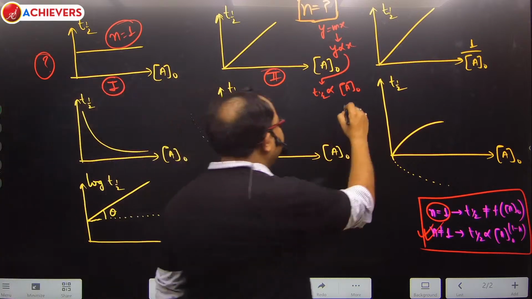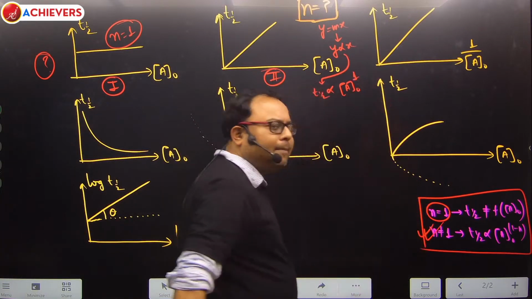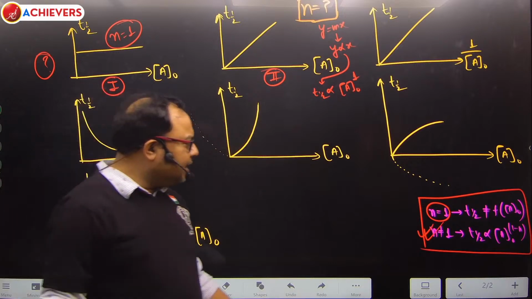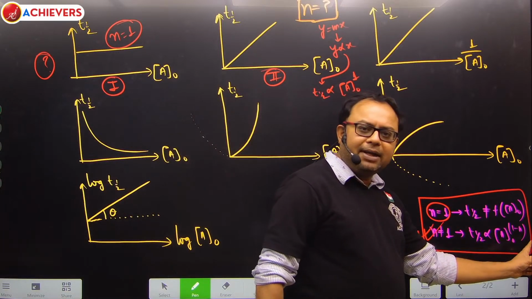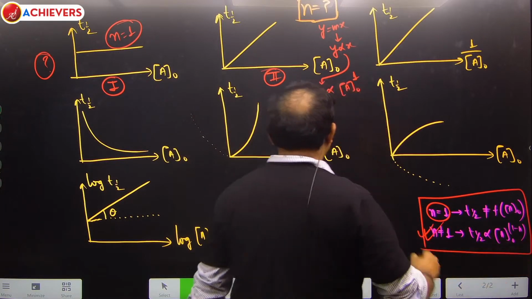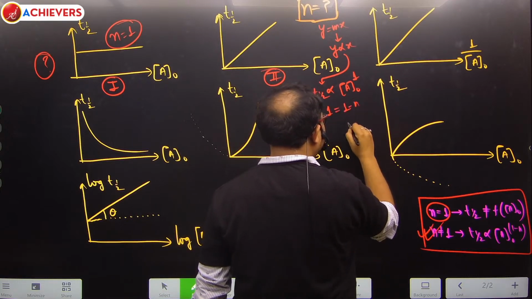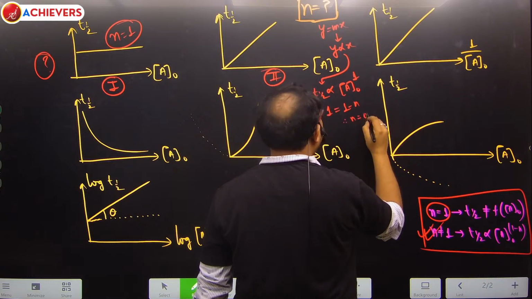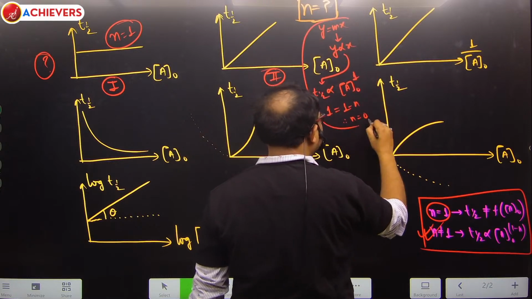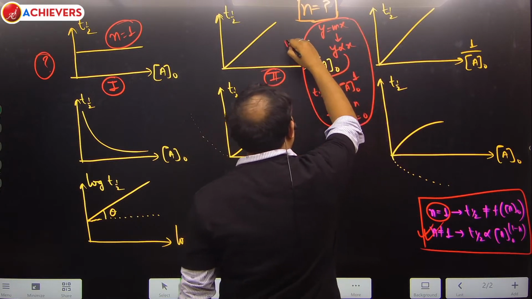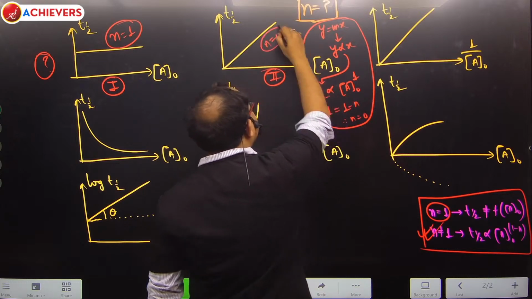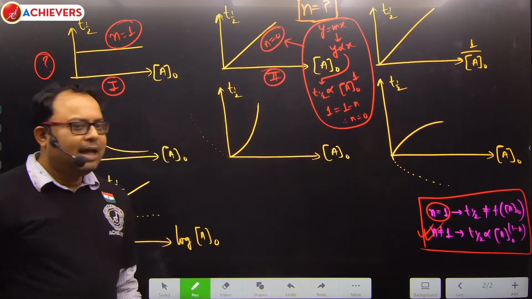The power of A naught is 1. And in the general case the power of A naught is 1 minus n. So obviously we can say that 1 is equal to 1 minus n. That makes n equal to 0. So this is the interpretation. So we get n equal to 0 for this. As simple as that.